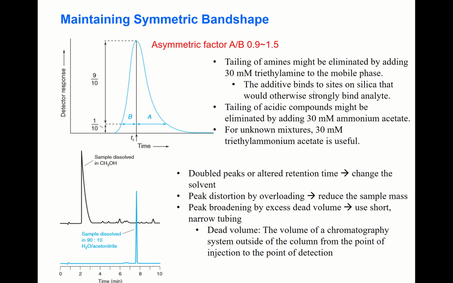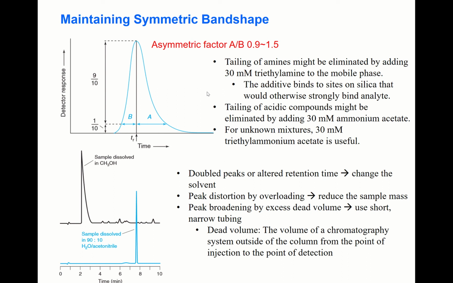The additive binds to the sites on silica that would otherwise strongly bind the analyte. The triethylamine concentration is quite high, so it occupies the sites on the silica, so that the amines of our interest cannot adsorb on the silica surface, and that's the way of removing this tailing.